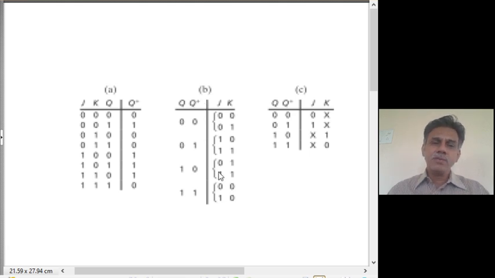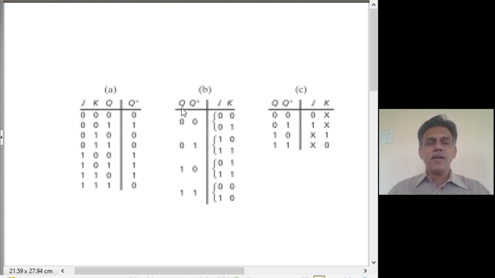To get this excitation table, you just make use of the characteristic table, but you have to put the input and output terms in a different manner. So, for a given Q and the desired Q plus, we are looking for the inputs J and K. So, extract these combinations of Q and Q plus and find out what J and K will lead such things to happen.